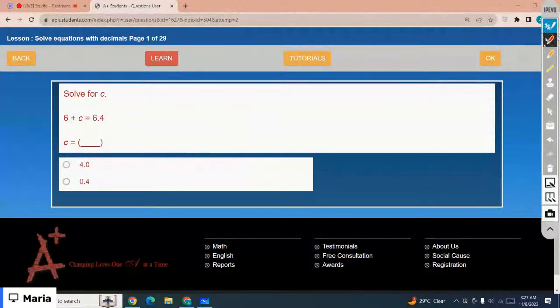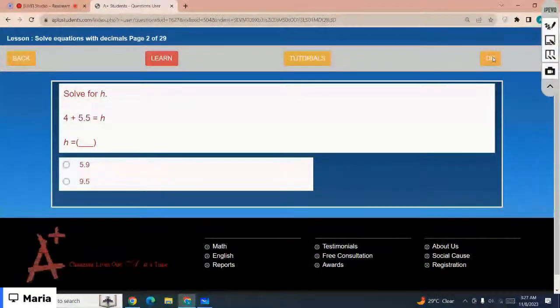Okay, the next one is solve for h. h equals 4 plus 5.5. So h is already isolated. Simply add.